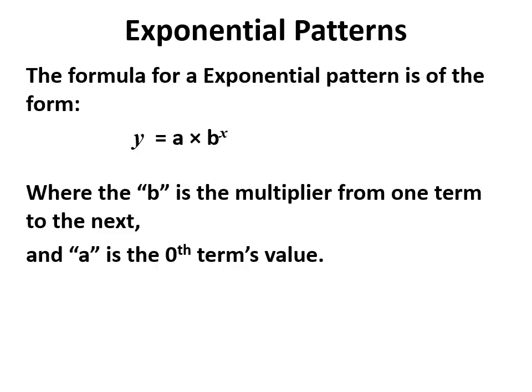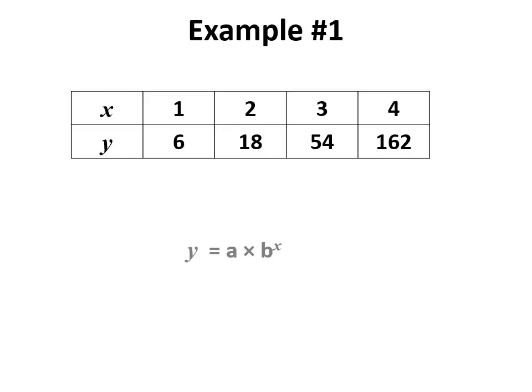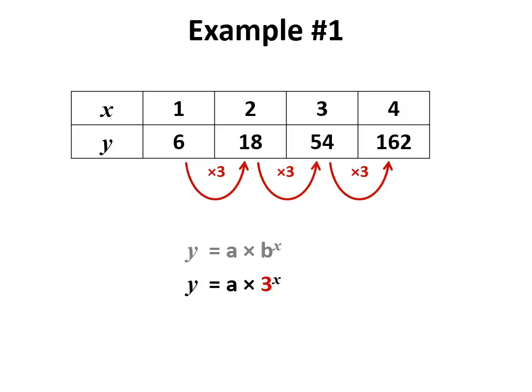Let's see how it happens in practice. So we have a sequence 6, 18, 54, 162, and that's going up in multiples of 3. 3 times 6 is 18, 3 times 18 is 54, 3 times 54 is 162, and so our base here is 3.